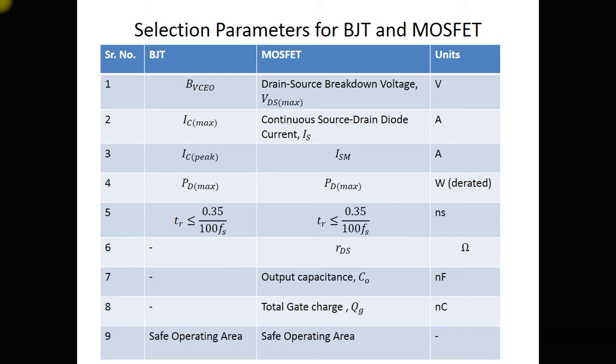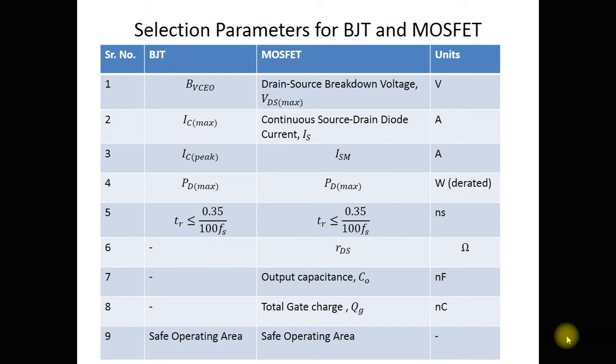Then in the case of MOSFET, you have the output capacitance and the total gate charge, and in both cases we have the safe operating area consideration. We have already seen the concept of safe operating area.